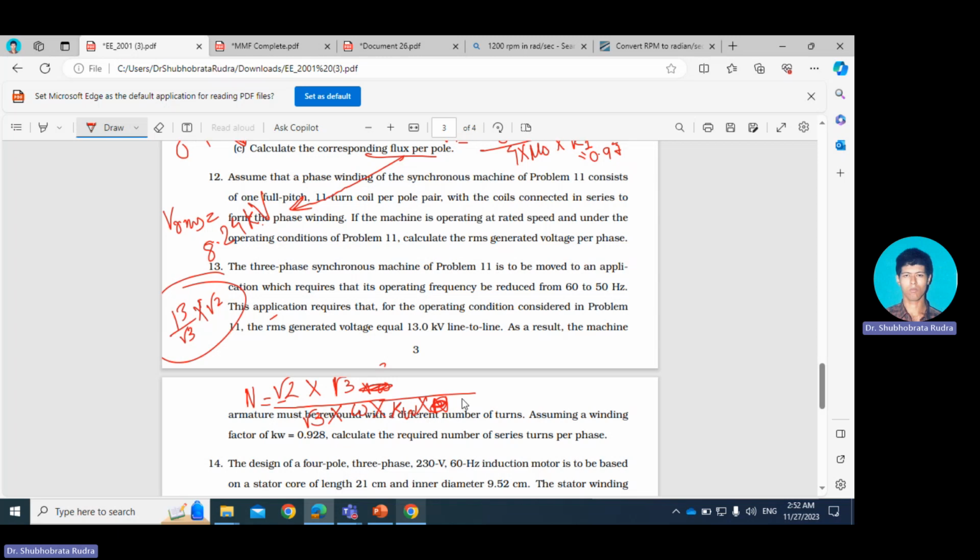So k omega into your flux per pole. So once you try to calculate, it will give you some 39 turns.